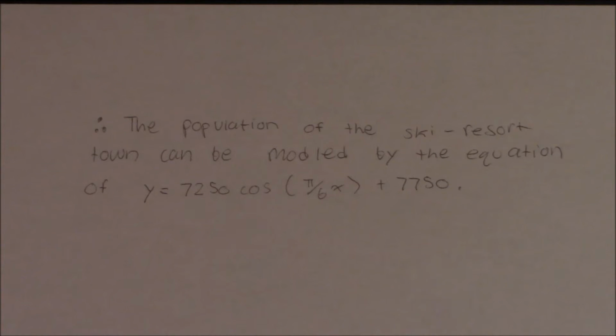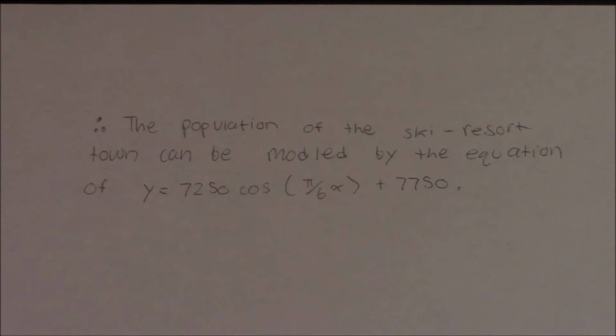So in the context of this problem, our a value of 7,250 means that from the midpoint of the function, which is your k value of 7,750, you are 7,250 people away from reaching your maximum population, which our maximum population was 15,000. And then pi over 6, that's our b value.